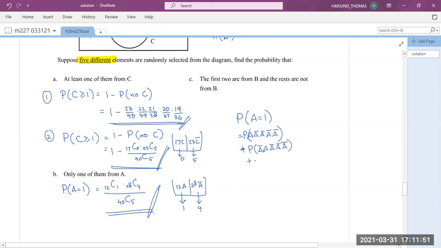So plus the probability that A actually happens at the 3rd place, plus the probability that A happens at the 4th place, plus the probability that A happens on the last place.